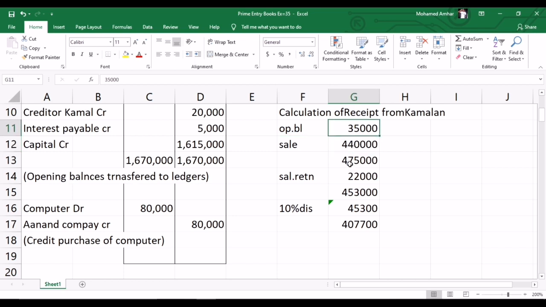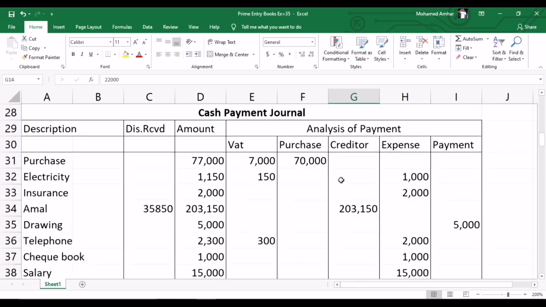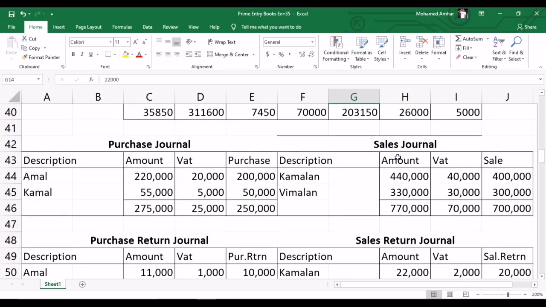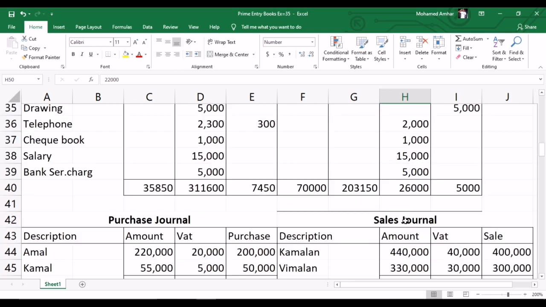So total receivable from Kamalan 475,000, and deduct the sales return. So Kamalan should have returned. Check, it is in the sales return journal. See, sales return journal, Kamalan has returned here 22,000 value of goods.